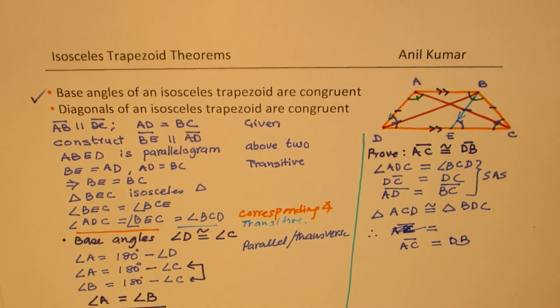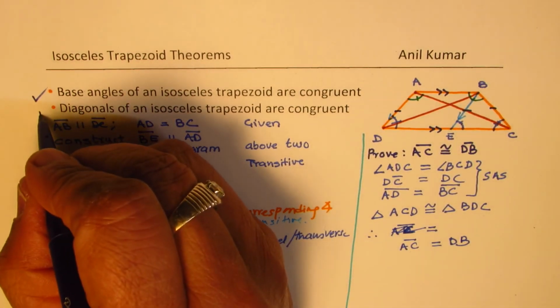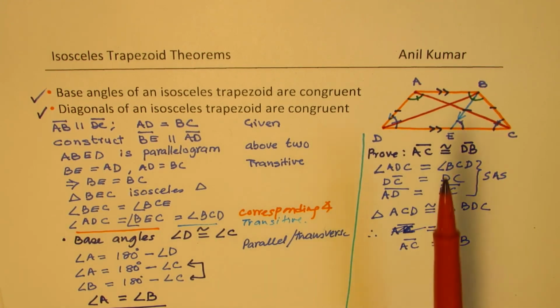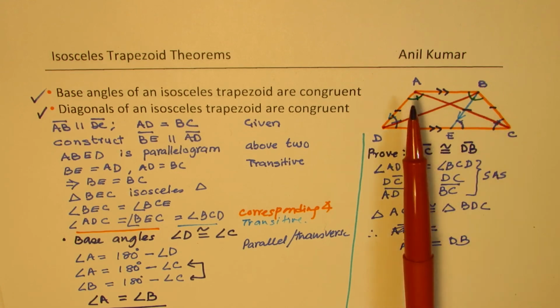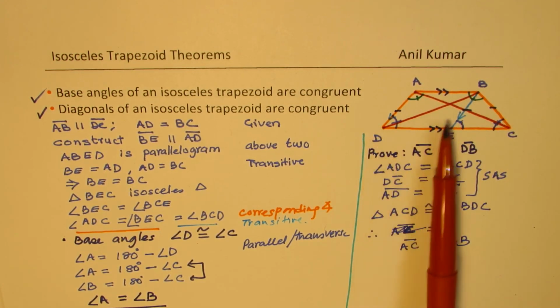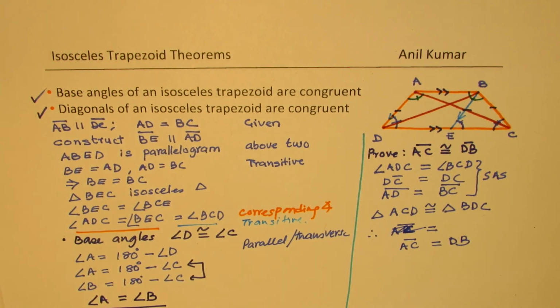So that is how we can also show that the diagonals of an isosceles trapezoid are congruent. So if you are given an isosceles trapezoid, you can actually go ahead with all the questions taking these two as same angles, those two as same angles, diagonals of equal length, right? So that will help you answer many questions.